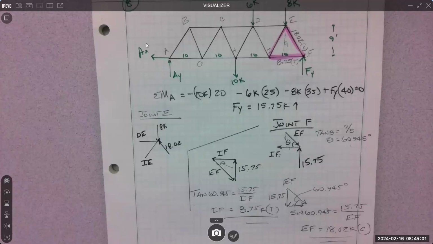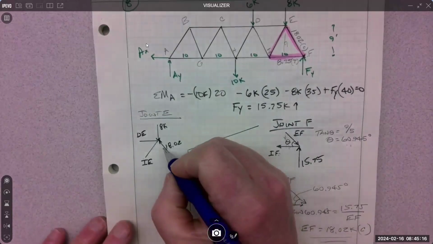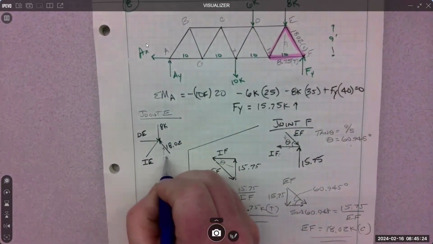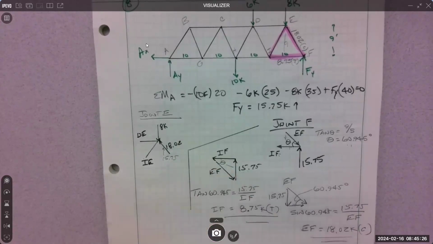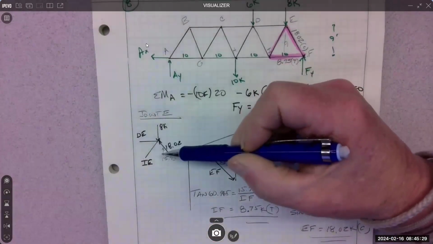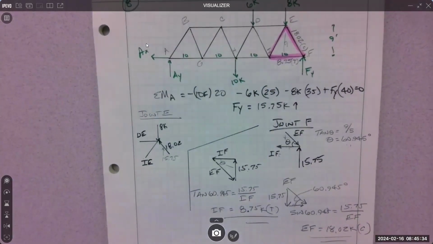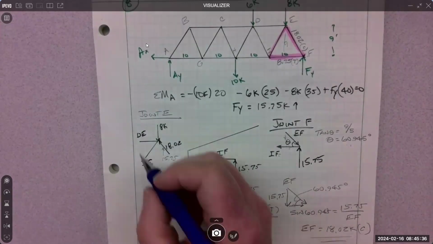EF was right here, and here's the Y component of EF, 15.75. So we got 8 down, we got 15.75 up. Which way does IE have to go? Down. Gotta have down effect.